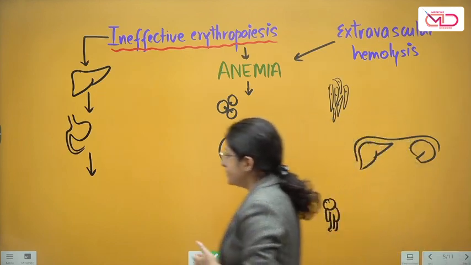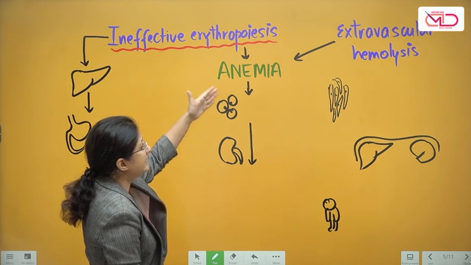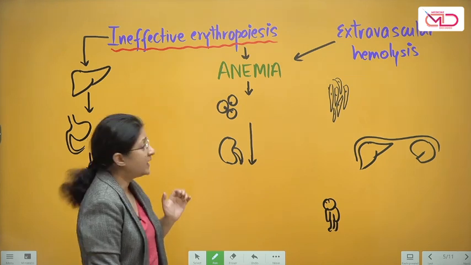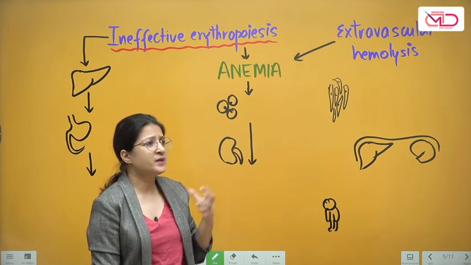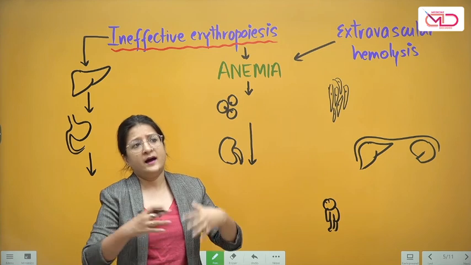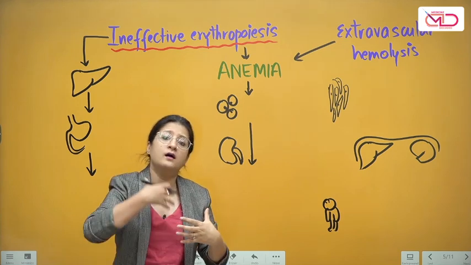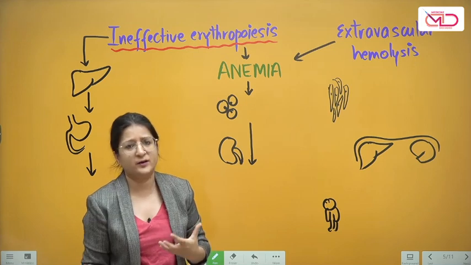Now, moving on further, what happens because of ineffective erythropoiesis leading to anemia? So anemia, obviously the basic definition, hemoglobin concentration decreases and so the oxygen carrying capacity of the RBCs is also going to decline because of that.